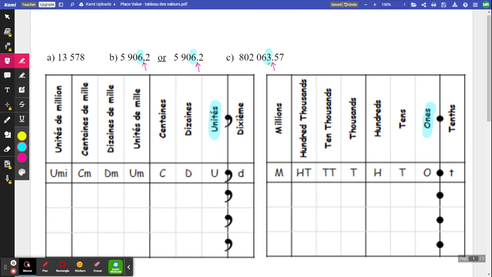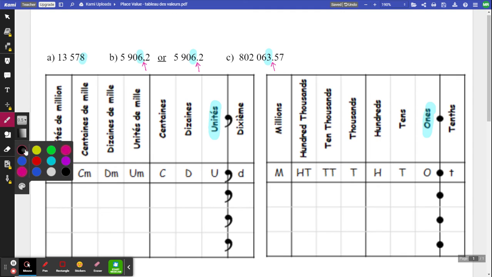So this one here in question B, it's going to be the 6. And in this question here that doesn't have a decimal place, it's going to be the number that is furthest to the right if there's no decimal, okay? So that 8. Those numbers are going to be my ones column numbers, okay?